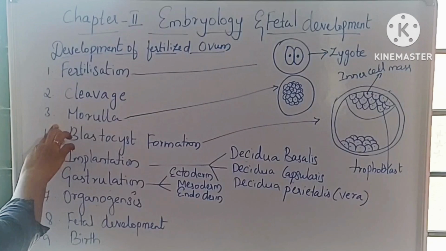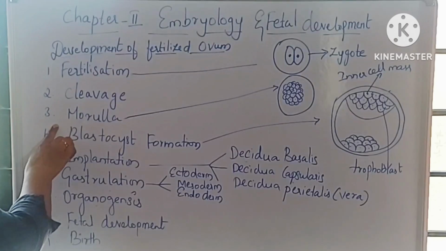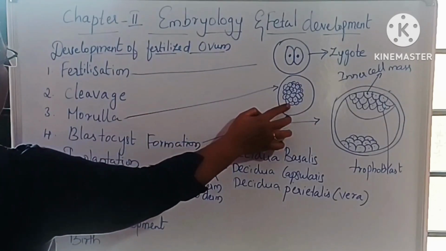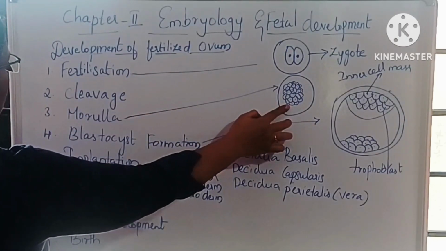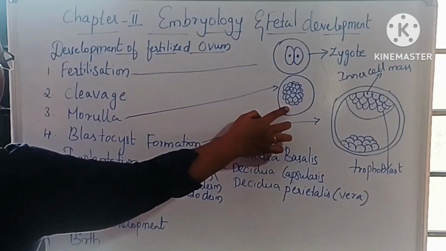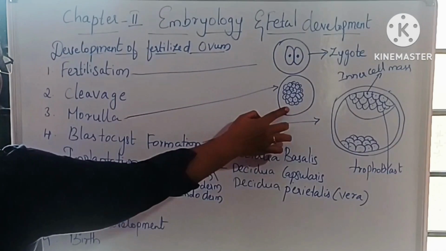Next, morula. Morula is a solid ball of 16 to 32 cells. This is a mulberry-like structure.